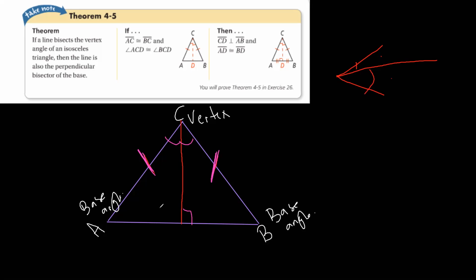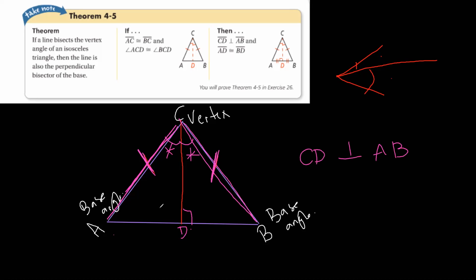So if AC is congruent with BC, which is an isosceles, and angle ACD is congruent with angle BCD, if the angles in the vertex are congruent and the two legs are congruent, I can say now CD is perpendicular on AB.